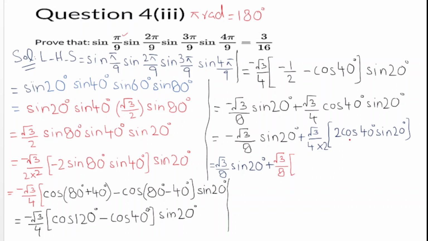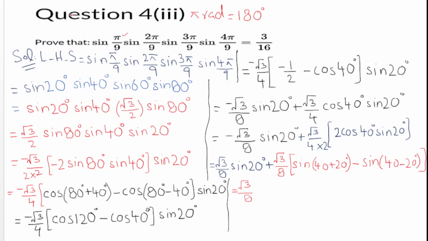So 2 cos alpha sine beta must be sine alpha plus beta, I mean sine minus sine, so 40 plus 20, and then after we will put the negative sign, and then we will put again sine 40 minus 20. So I hope you understand this. Okay, until here.